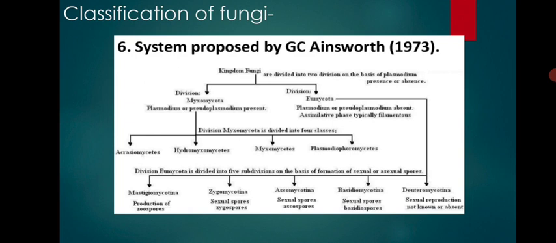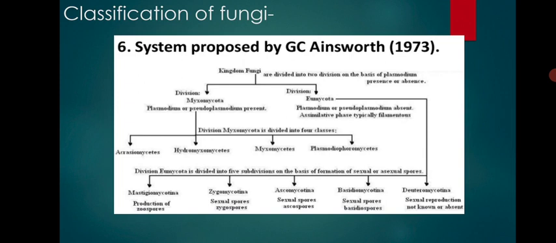Acrasiomycetes have a free living phase of amoebae or a pseudoplasmodium before spore production. Labyrinthulomycetes have a net plasmodium. Myxomycetes have a free living saprobic plasmodium. Plasmodiophoromycetes have a parasitic plasmodium within the host cell.